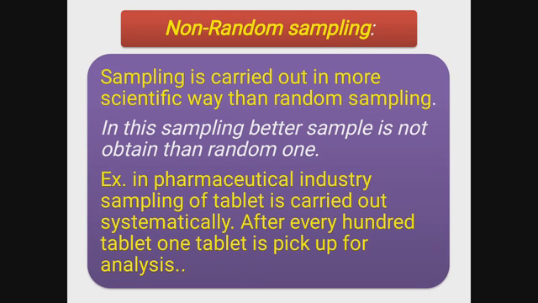Then what is non-random sampling? Non-random sampling is also known as systematic sampling. So non-random sampling appears to be a more scientific method than random sampling, because here zero probability is there. Means what? It depends upon the prejudice or bias consideration.